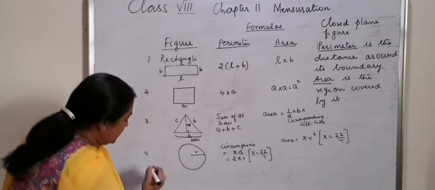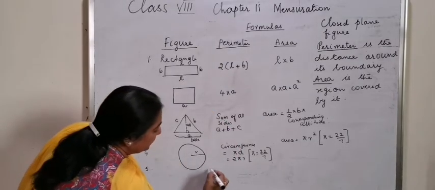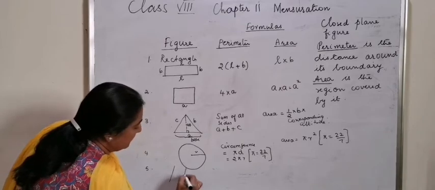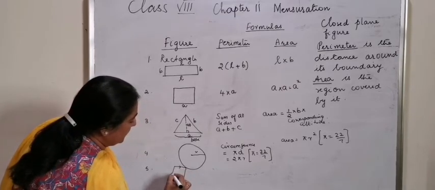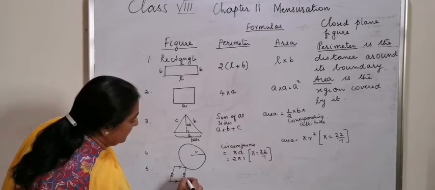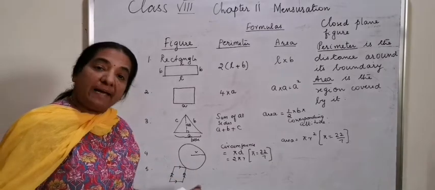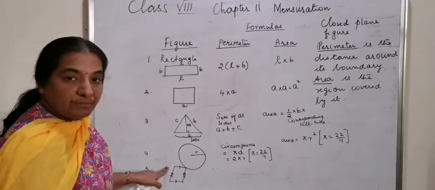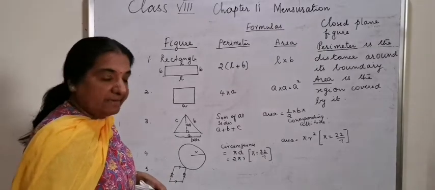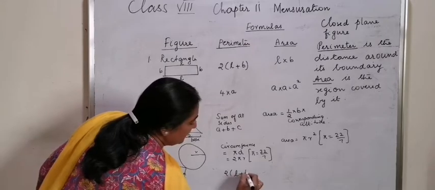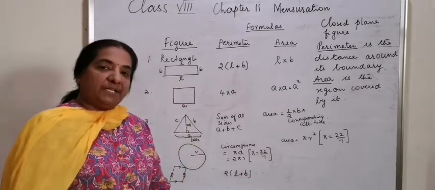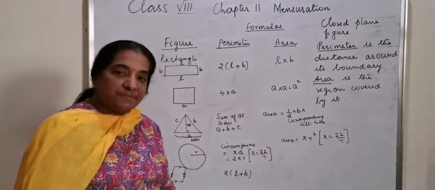And the last one is a parallelogram. When two sides of a quadrilateral are parallel, we call it a parallelogram. In a parallelogram also opposite sides are equal. So the perimeter will be the same as the perimeter of a rectangle, 2 times length plus 2 times breadth.